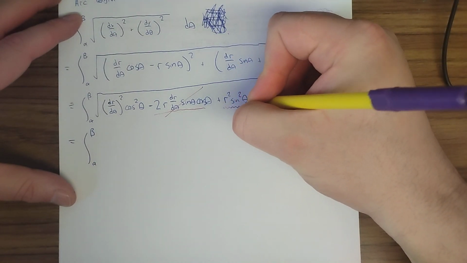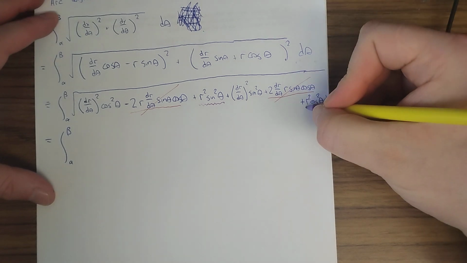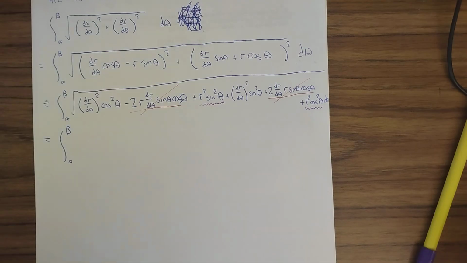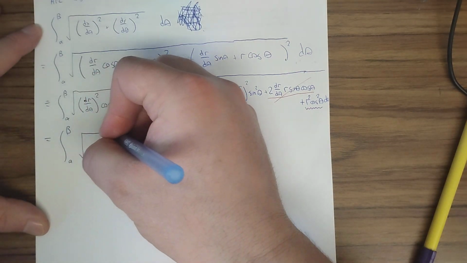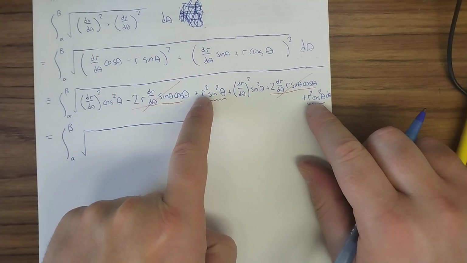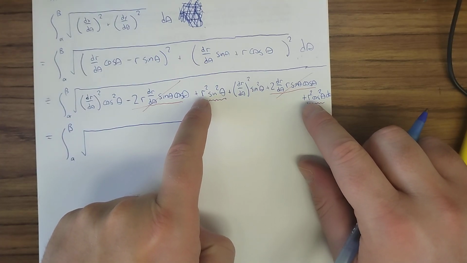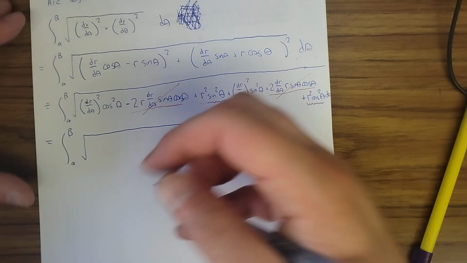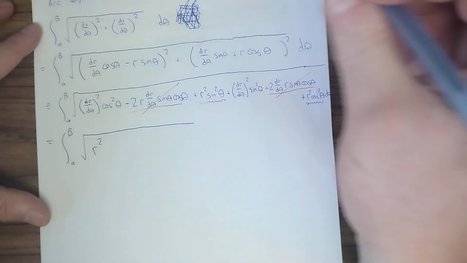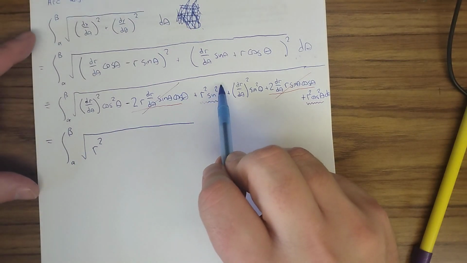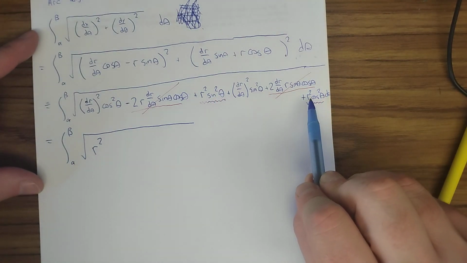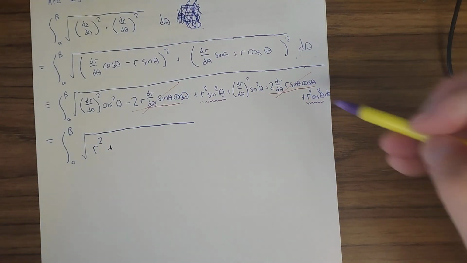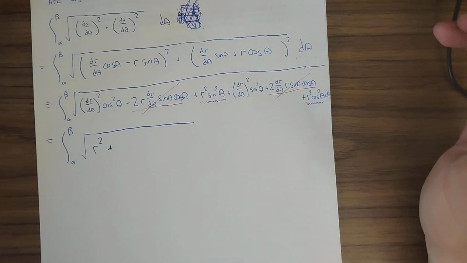I've got an r squared sine squared theta and an r squared cosine squared theta. If I pull out the r squared, then I have sine squared plus cosine squared, which is just 1. So I can just write r squared, and that takes care of this and also this. So these 2 purple underlined things are now taken care of.